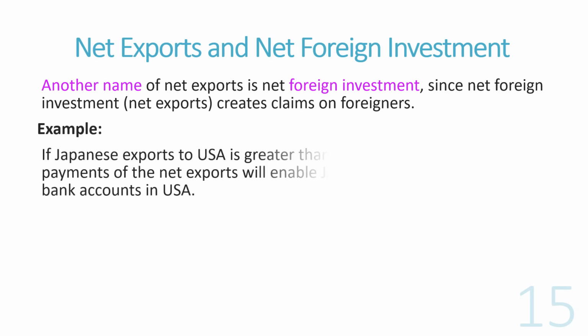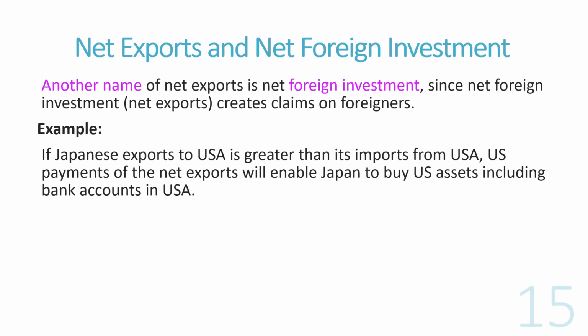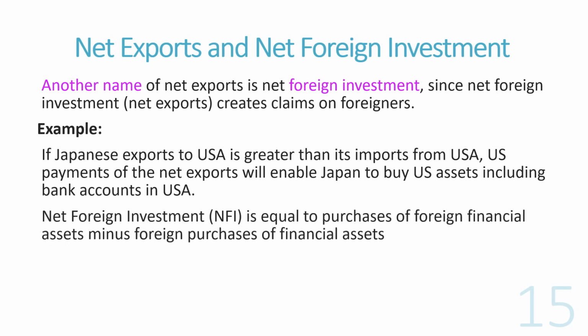Like if Japan's exports to the US are greater than its imports from the US, the US payments of net export will enable Japan to buy US assets including bank accounts in the USA. Therefore, net foreign investment is equal to the purchase of foreign financial assets minus foreign purchases of financial assets. Therefore, net exports are equal to net foreign investment.